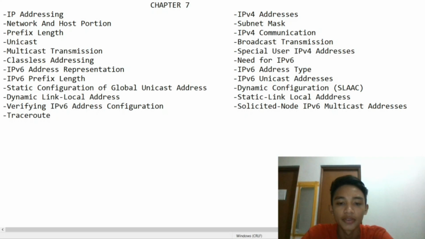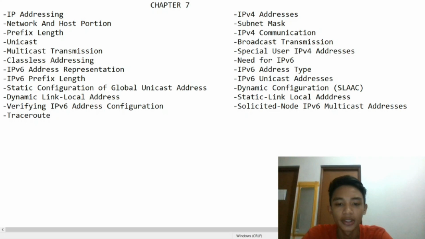Static configuration of a global unicast address. Most IPv6 configuration and verification commands in the Cisco IOS are similar to their IPv4 counterparts. In many cases, the only difference is the use of ipv6 in place of ip within the commands.